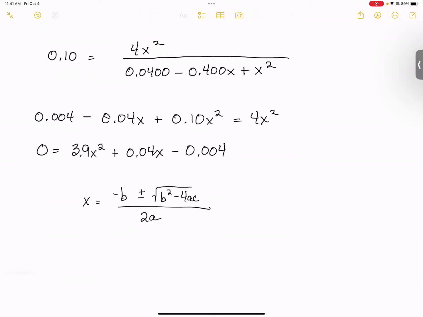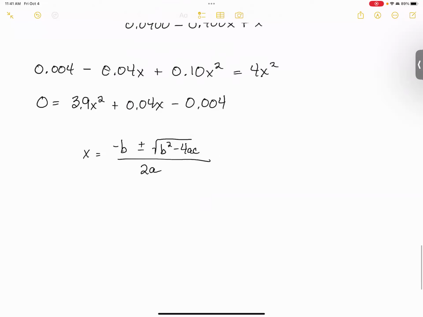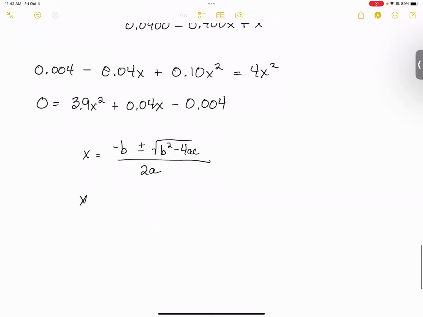Now you can do this the hard way, or you can get your calculator set up. I suggest getting your calculator set up, which I haven't done. I set up somebody else's calculator yesterday. So what did you get your x values as? It's -1.